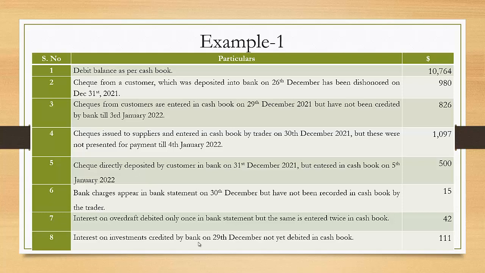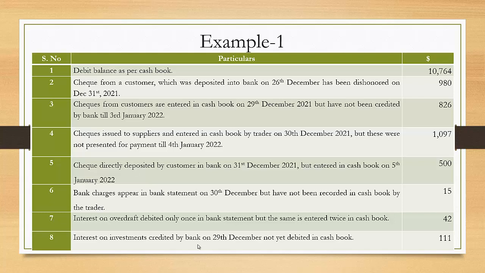When the check was deposited by the company in their bank account, they would have recorded 980 in their cash book, but when they know that the check has bounced, we need to subtract this amount from the debit balance as per cash book. So you just keep a copy and pencil, write this amount and put a minus. I'll show you exactly how it looks when we prepare the bank reconciliation statement.